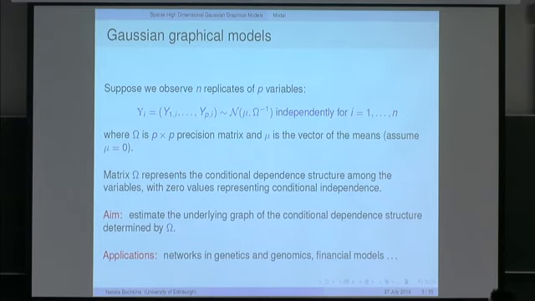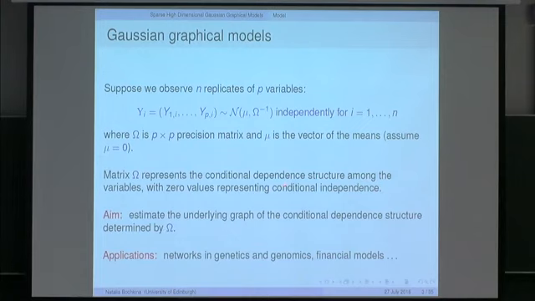So this is the notation. Suppose we have n replicates of p variables, which generally will be genes, but could be other. And we assume that they follow normal distribution, and the key object here is the precision matrix omega. Mu is a vector of means, but generally it's relatively simple to estimate, so I'll assume that the mean is 0.